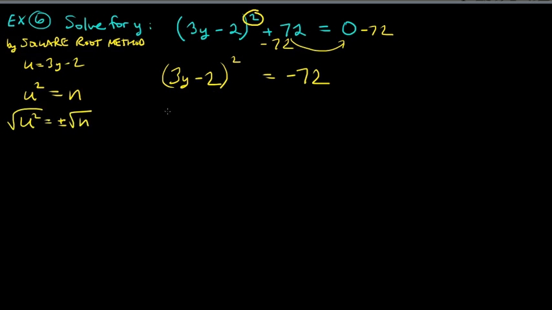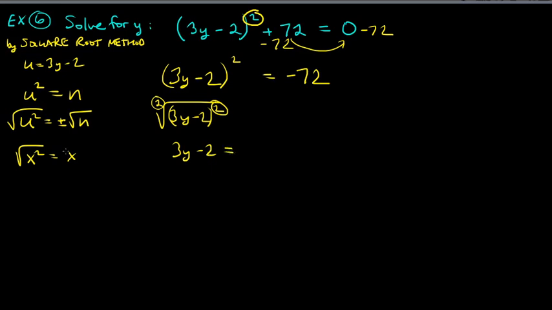Again, don't forget the plus or minus. If we take the square root of the left side, we just get 3y minus 2, because the square root undoes the square. If you take the square root of x squared, you just get x, unless x is negative, in which case you get the absolute value, but that's taken care of by the plus or minus.